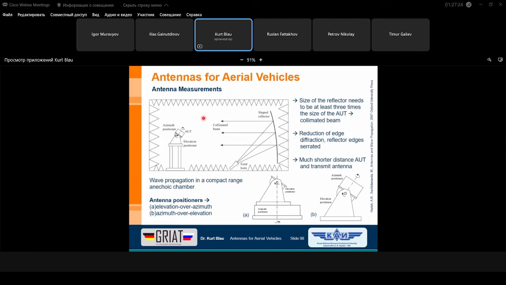It's clear, the longer the wavelengths, the larger the height of these pyramid absorbers. If you use very high frequencies, 1 gigahertz and higher, such pyramids are about 300 millimeters in length.